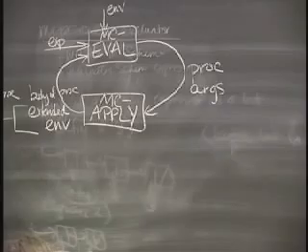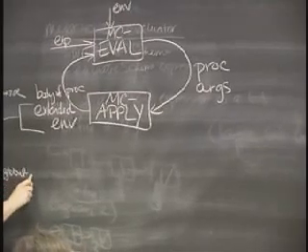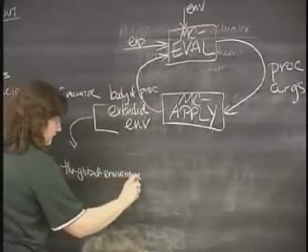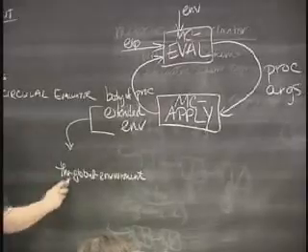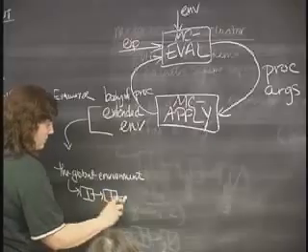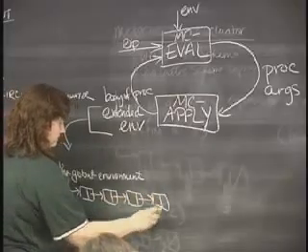We're going to have one variable in our system called the global environment. This variable is going to point to a list of all the variables that are bound in our global environment.